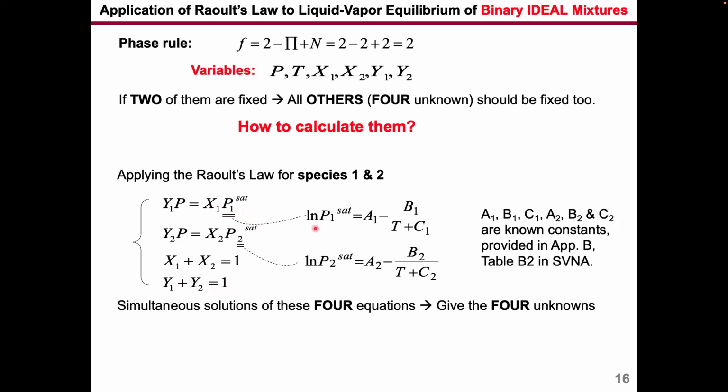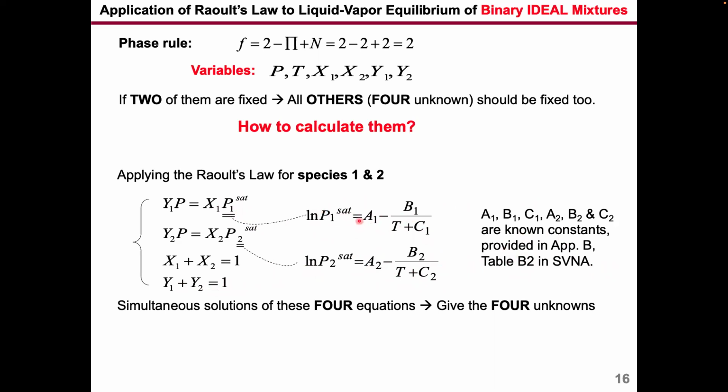So now P1 saturation, you can use the Antoine equation if you know species 1. And P2 saturation, you can use the Antoine equation as well if you know these constants, right? These constants you can look up in the appendix table B2, okay?